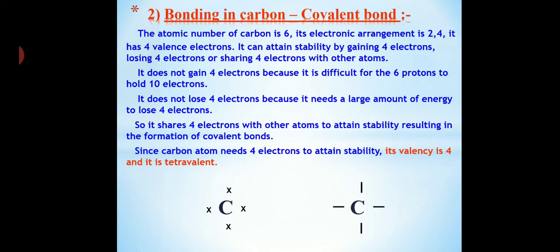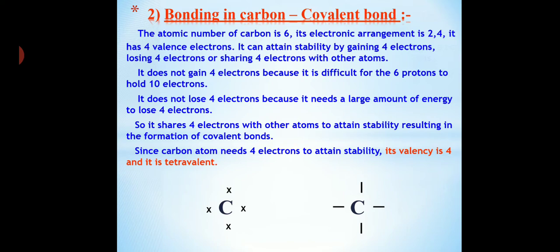Neither does it gain 4 electrons nor lose 4 electrons. Then how does it become octet? Yes, it shares these 4 electrons with other atoms to attain stability, resulting in the formation of a covalent bond.